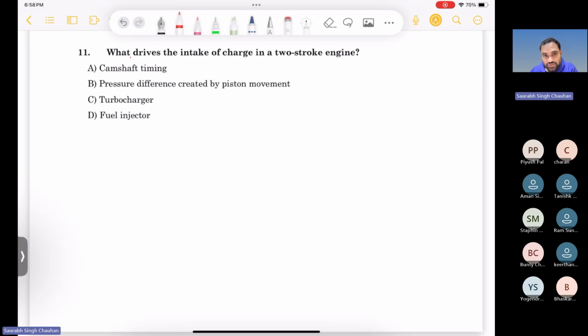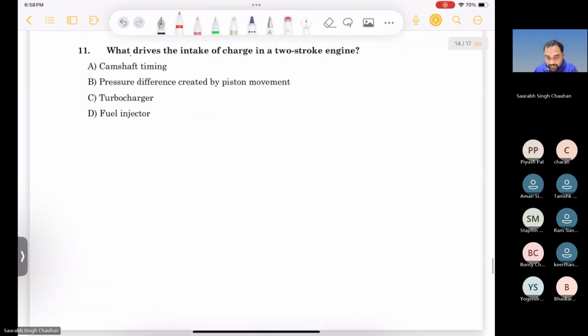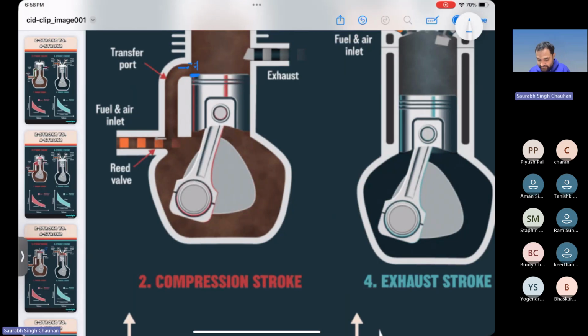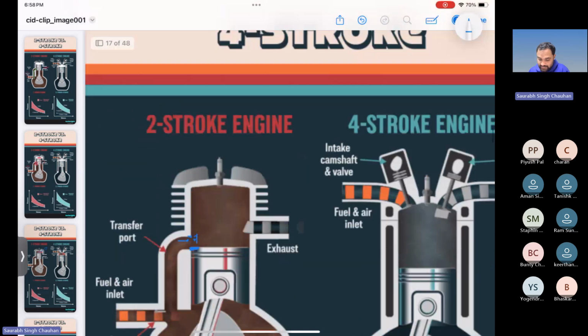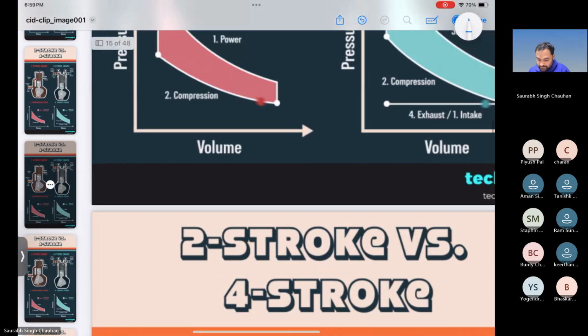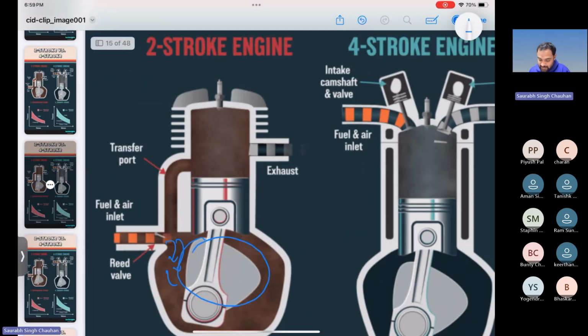While in a two-stroke engine, what happens? When the piston is moving upward toward TDC, it is creating some sort of vacuum here, and the air-fuel mixture comes in.